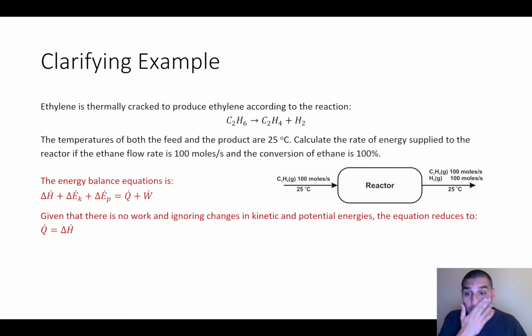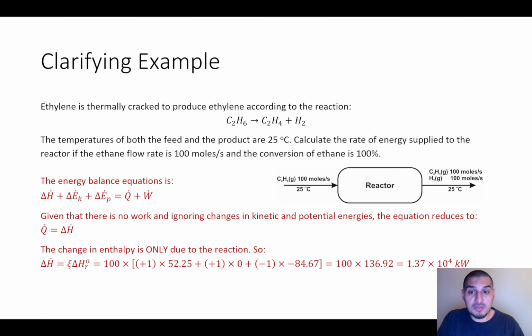If you want to know how much the enthalpy change is, we can calculate it using the equation that we derived before: the change in enthalpy due to a chemical reaction is the extent of reaction multiplied by the heat of reaction.